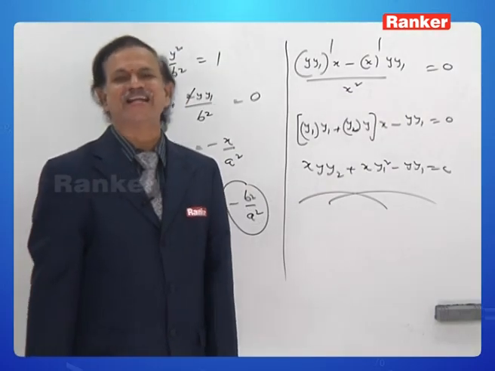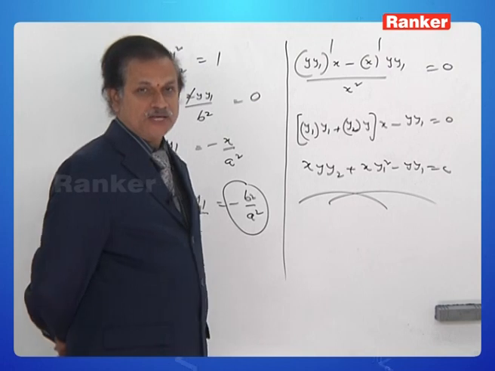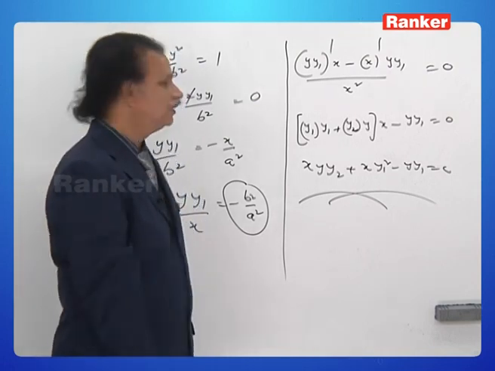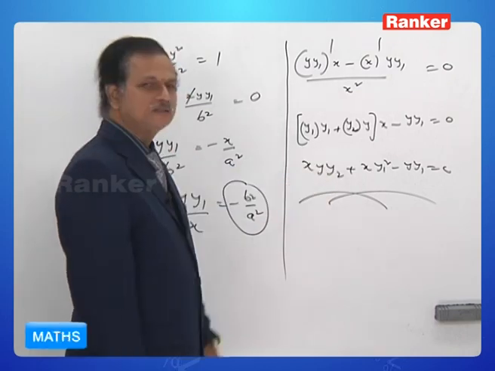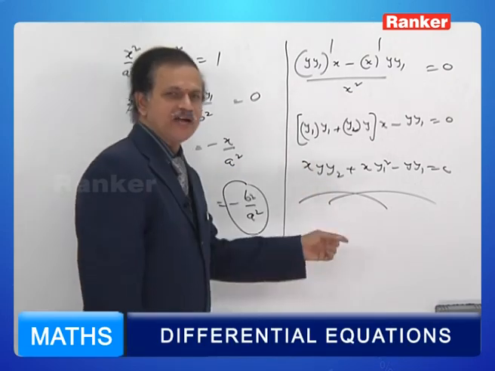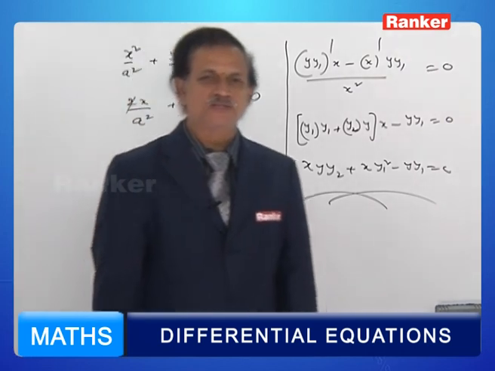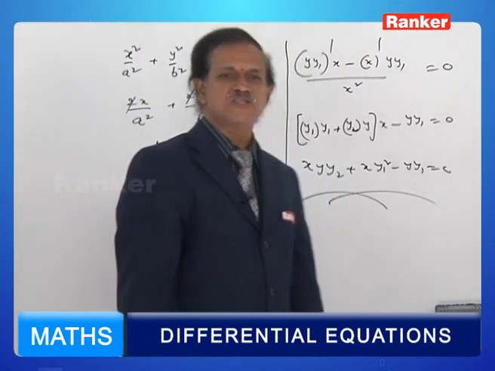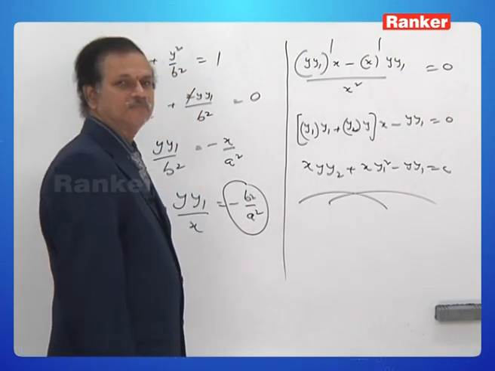So it is of second order. If at all you like to look at the exponents, you look at the exponents for y2 only. There is only 1 here. So it is of second order and first degree. This is the equation of this ellipse.